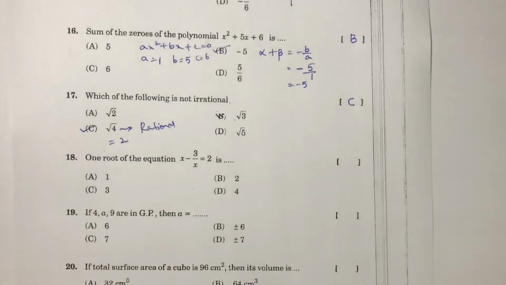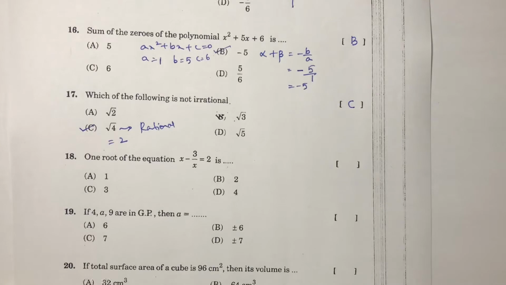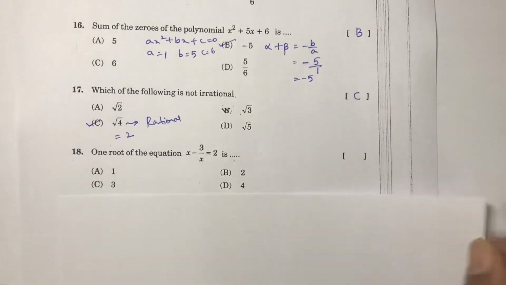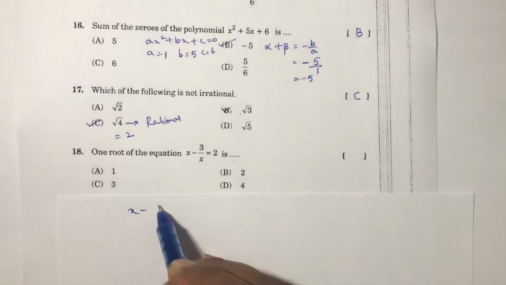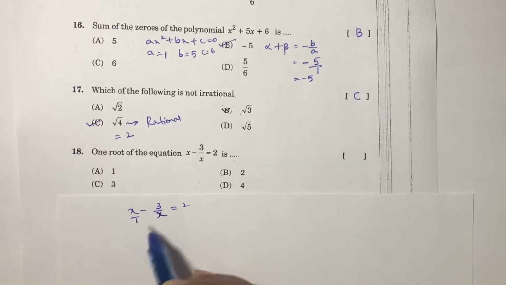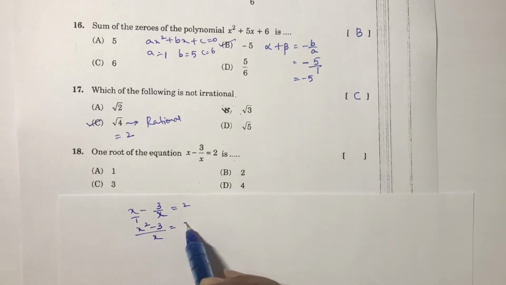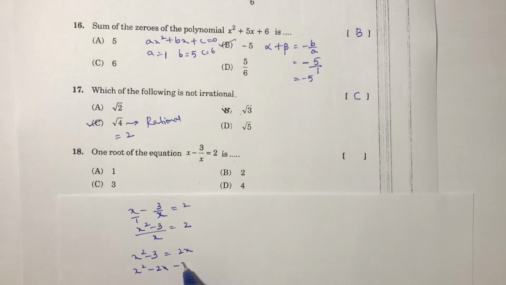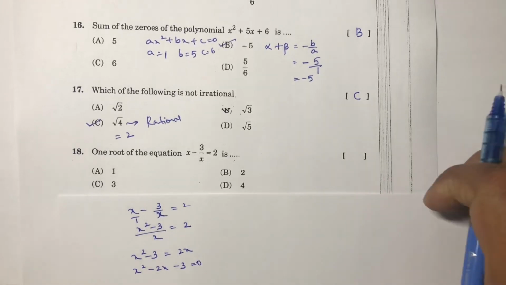One root of the equation: x minus 3 by x equals 2. If you take the LCM x, you will get x square minus 3 equals 2x. So x square minus 2x minus 3 equals 0.